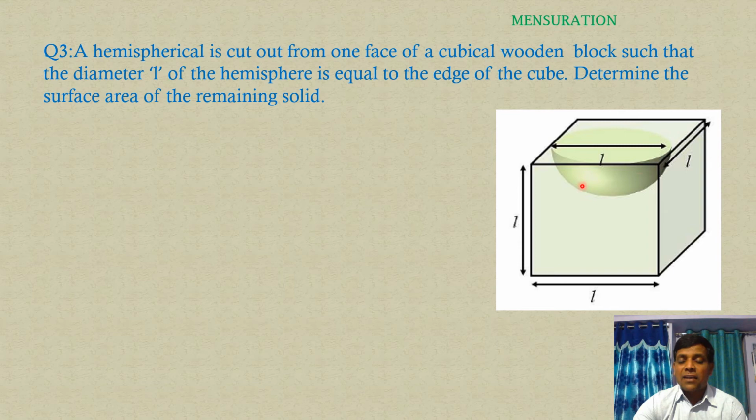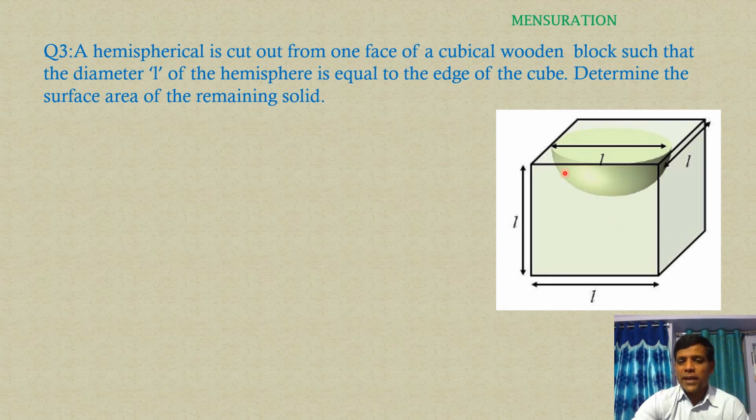Based on the question, is this easy, average or difficult? This is easy because the given solids are a cube and a hemisphere. So how to find the remaining solid?